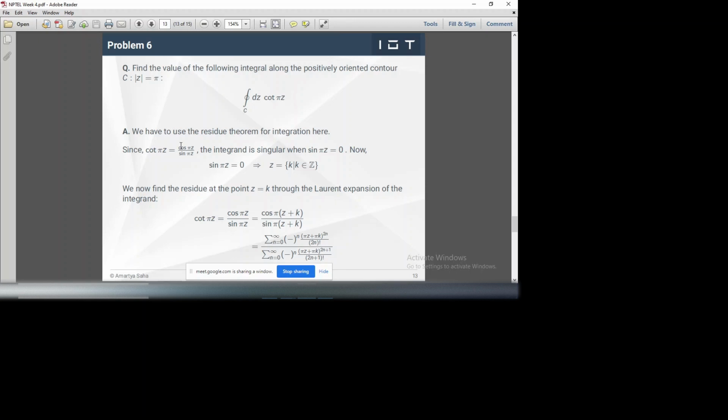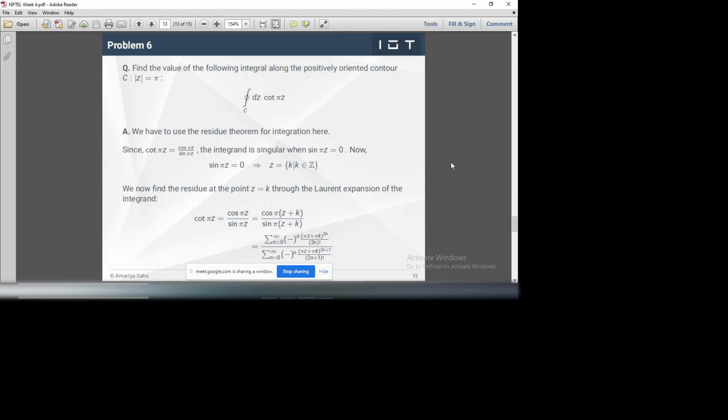Now let us first find the points of singularities of this integrand, and then, as we usually do, check which of these points lie inside the contour. So cot πz, as we all know, is the ratio of cos πz and sin πz.